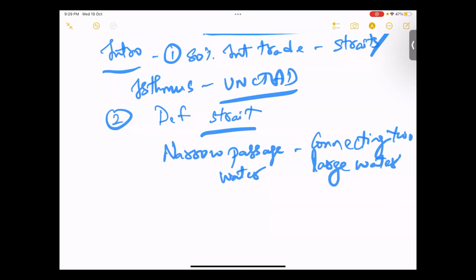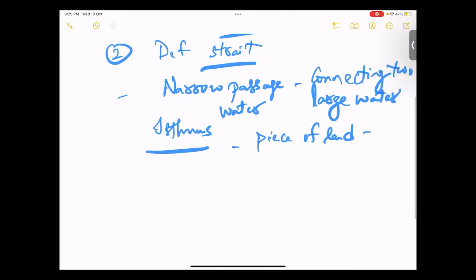And then what is an isthmus? An isthmus is a narrow piece of land joining two big land masses.